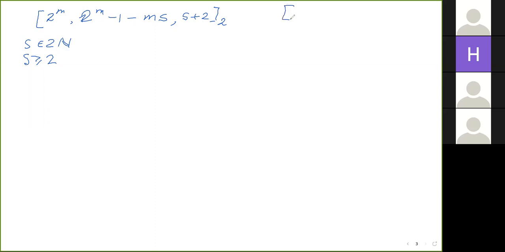For example, we can consider the code when m is 3. We obtain 8, 8 minus 1 minus 3, and 4. This is an example of the BCH code for m equal to 3, and s equal to 2.